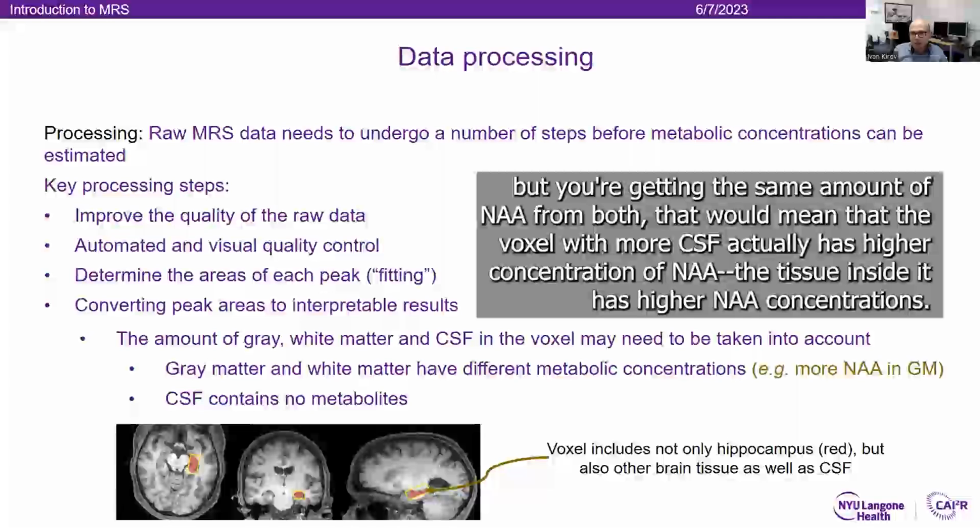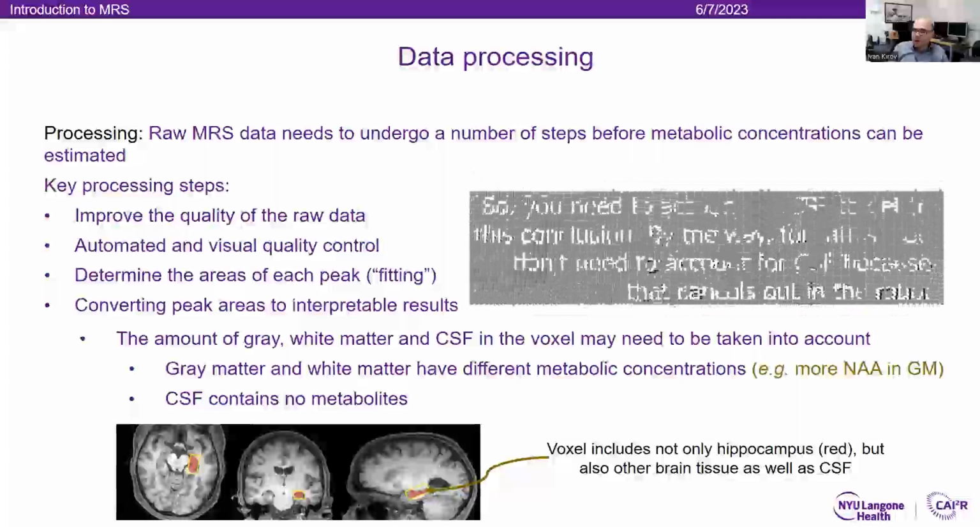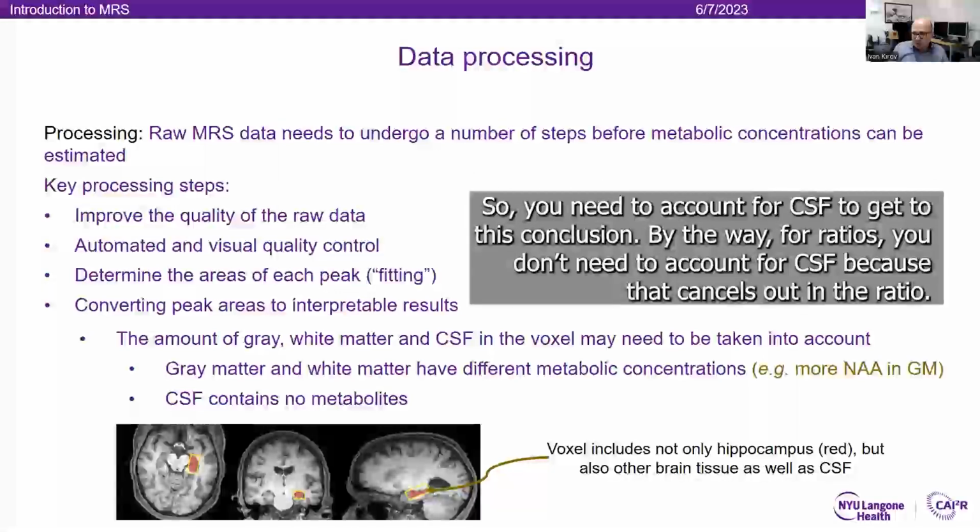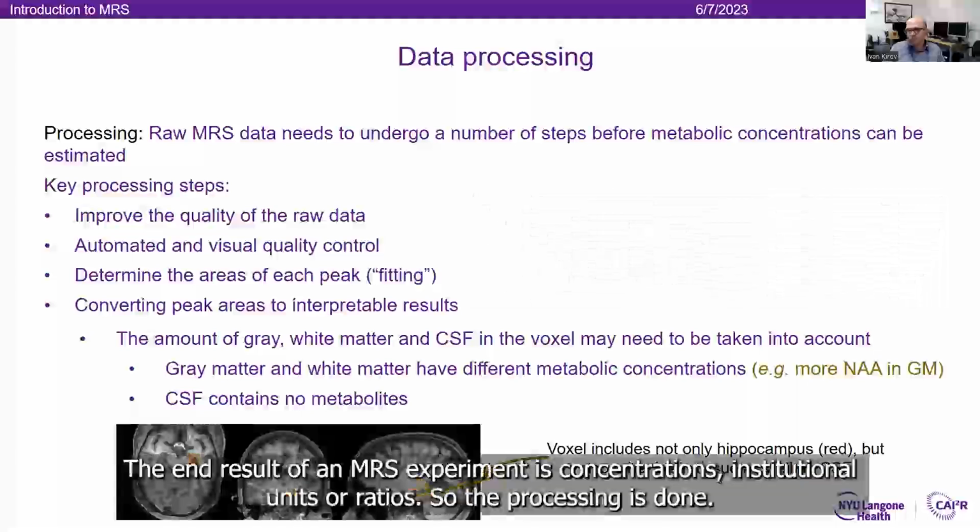The tissue inside it has higher NAA concentrations. So you need to account for CSF to get to this conclusion. By the way, for ratios, you don't need to account for CSF, because that cancels out in the ratio.